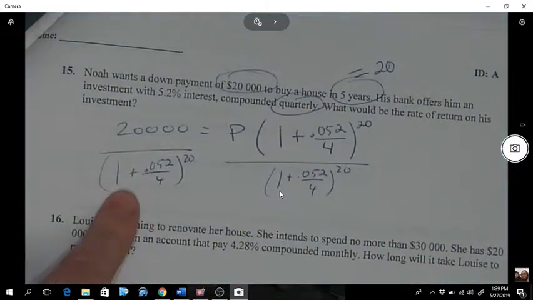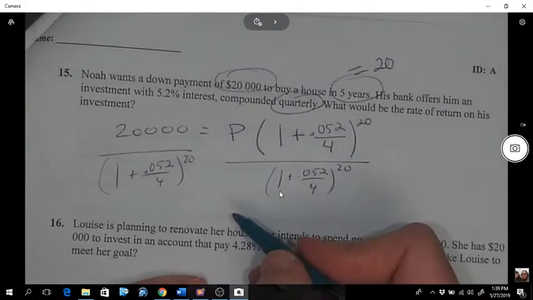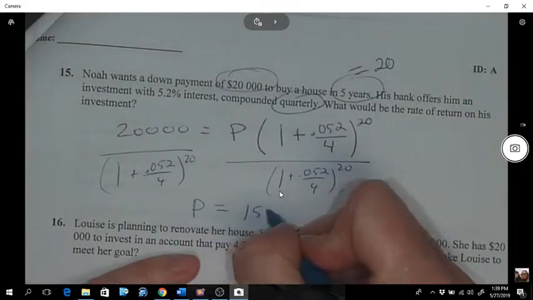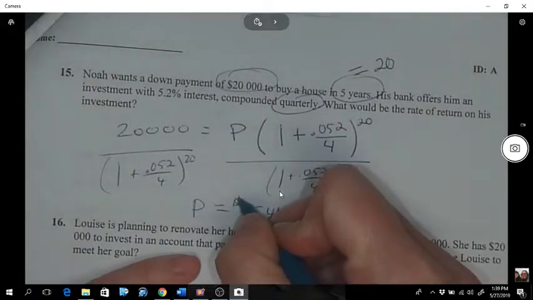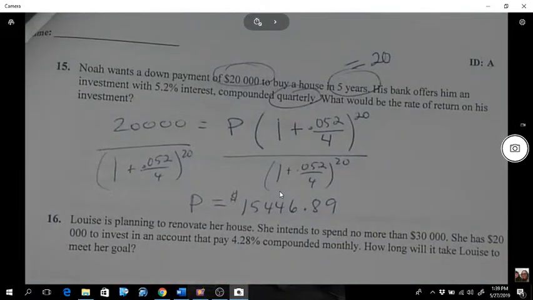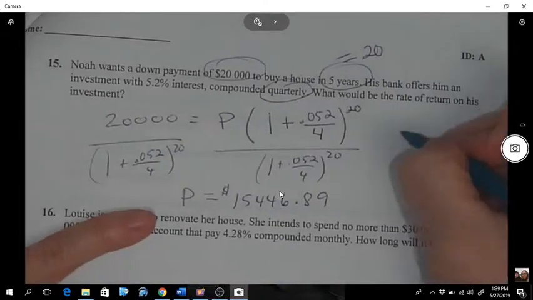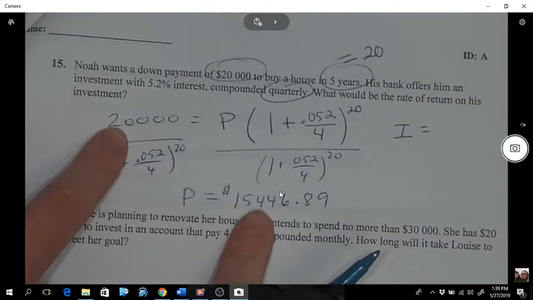Okay, so do this in your calculator. Okay, and we get a principal of $15,44,689. Okay, but that's not our answer. What would be the rate of return? So interest. We made the subtraction of those two.